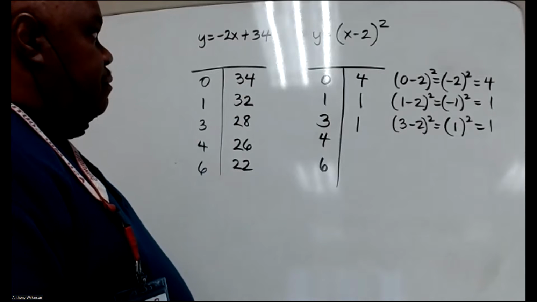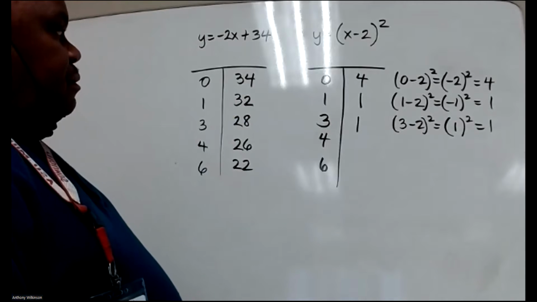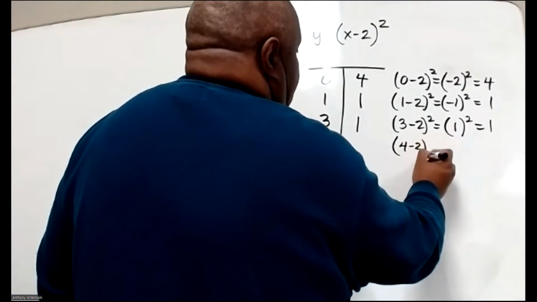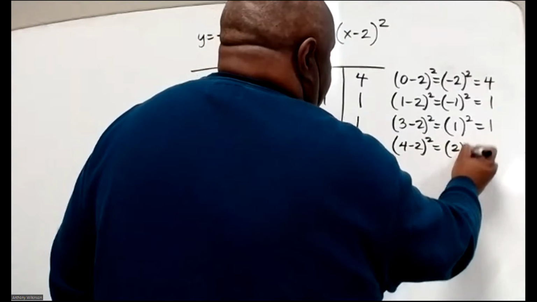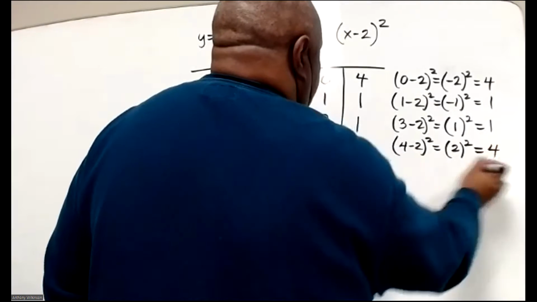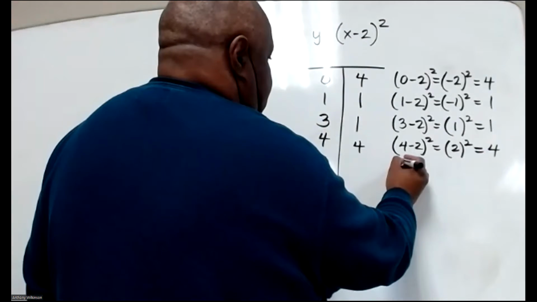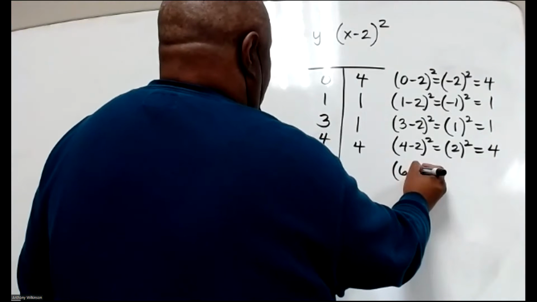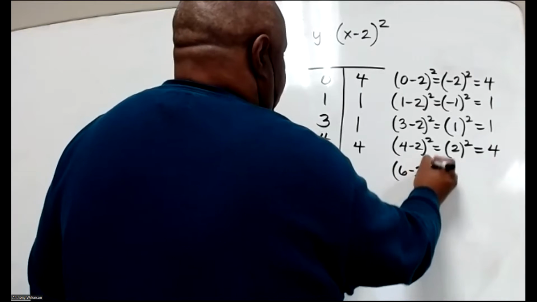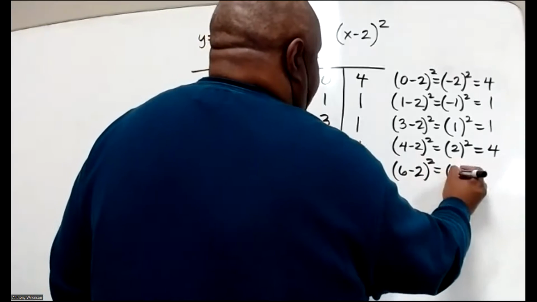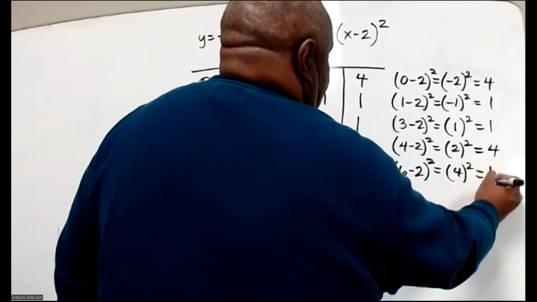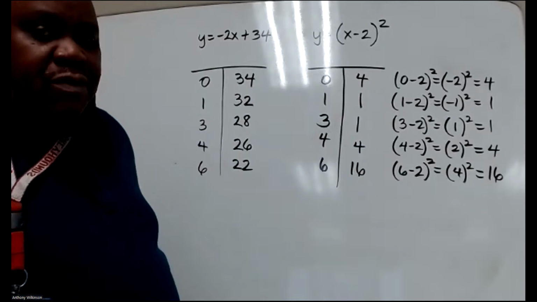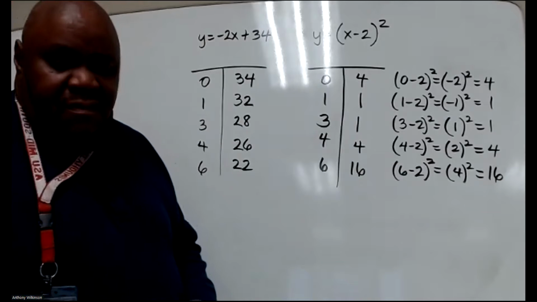And then for 4, it'd be 4: 4 minus 2 is 2, and you square that, it will be 4. And finally for 6, 6 minus 2 is 4, and then 4 squared would be 4 times 4, which is 16.